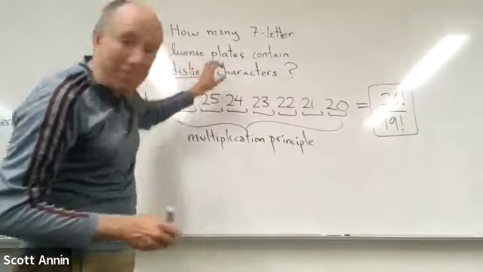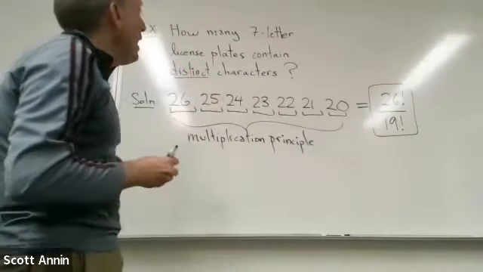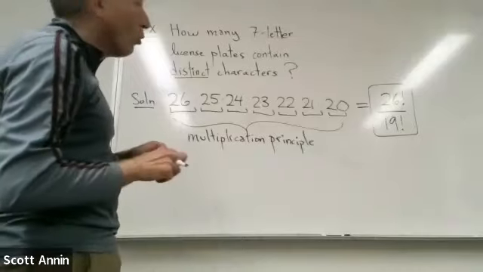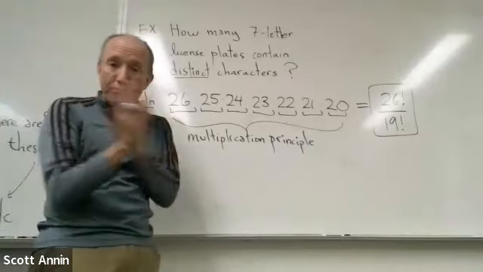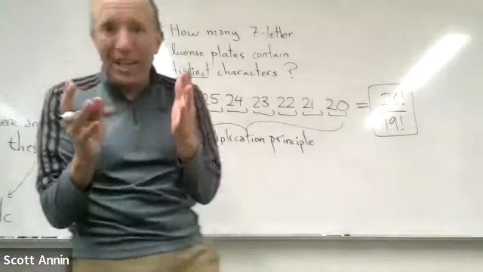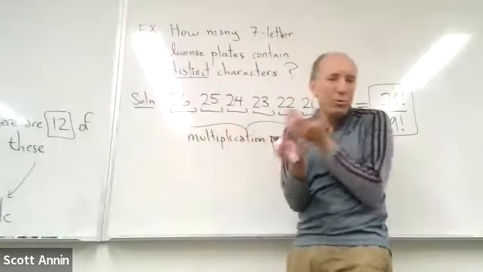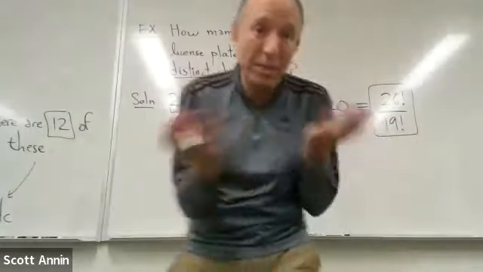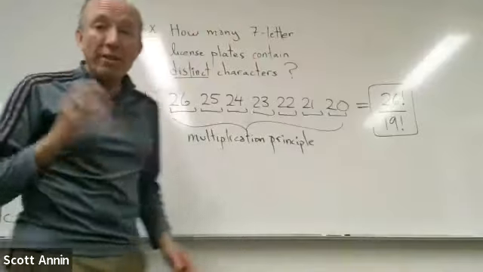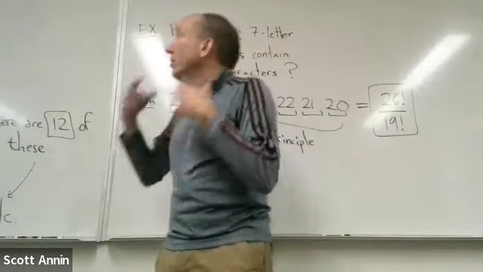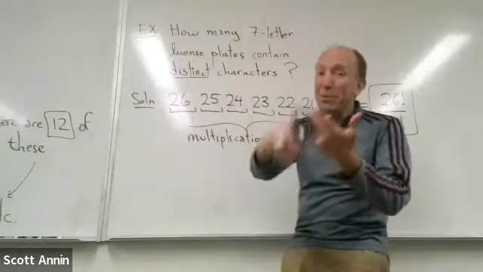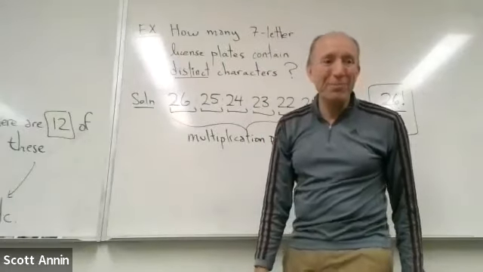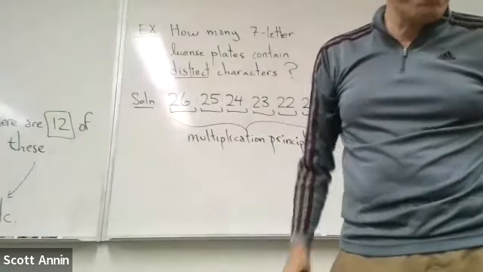So we have no repeats. And at the same time, the order does matter, because if I write the characters of the license plate in a different order, it will be a different string. It will be a different license plate. So we are very much in the context of order matters, repetition is not allowed. It's a good example of that.